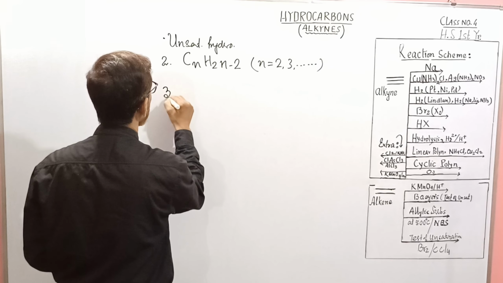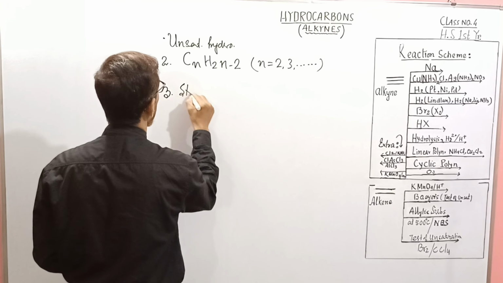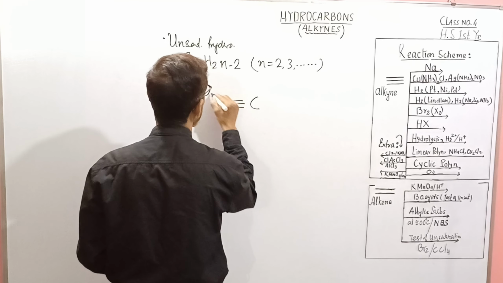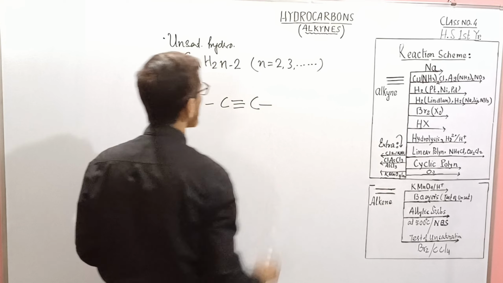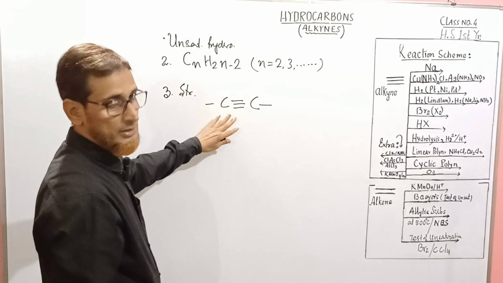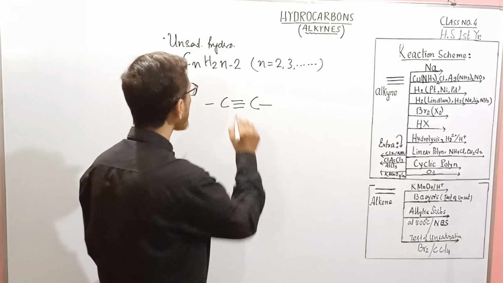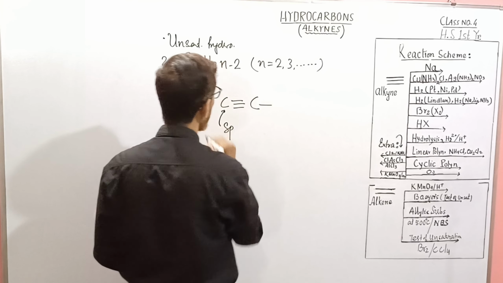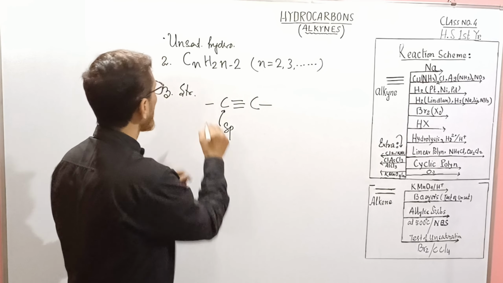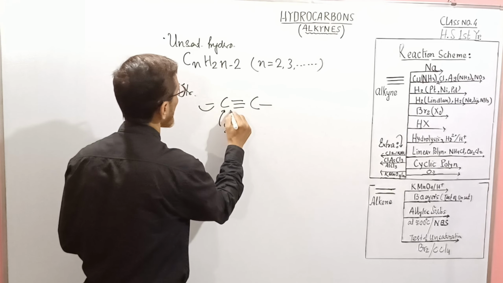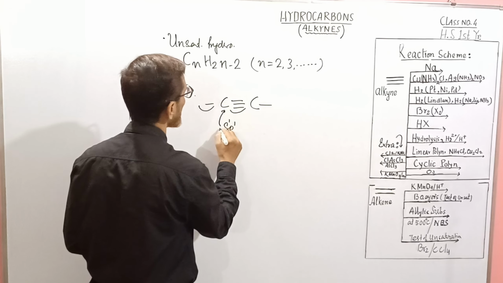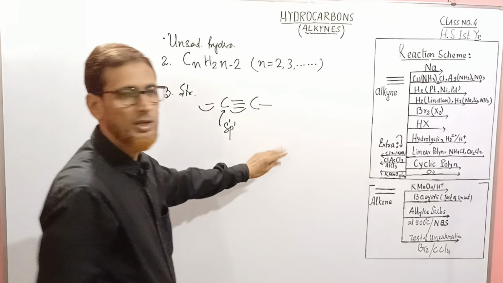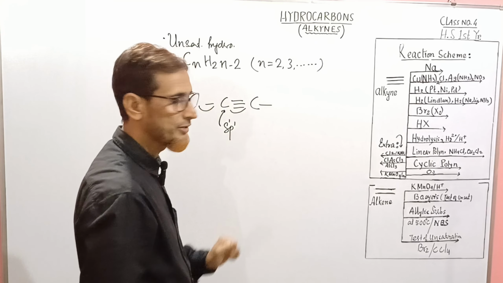The structure or hybridization of alkyne is linear shaped, it is sp hybridized. Both carbons are sp hybridized.